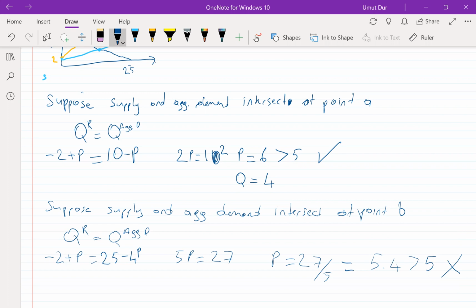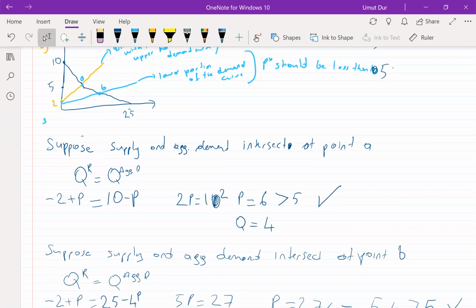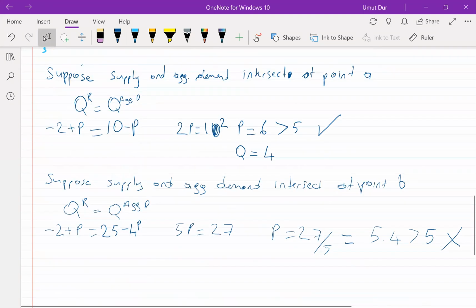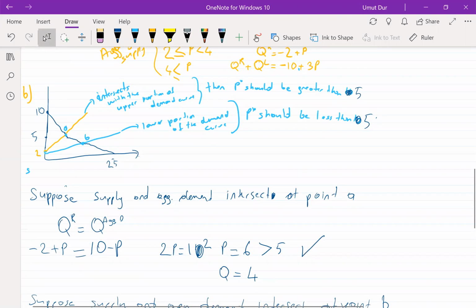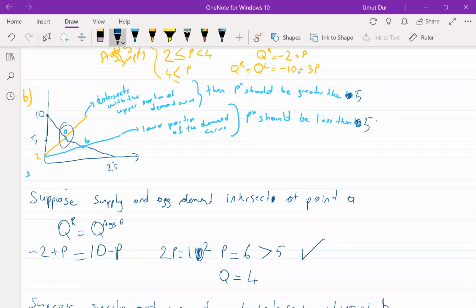So this is not verified, okay? Because if they intersect at point B, the price should be less than 5. Then we make sure that they intersect at point A. Do you have any questions?